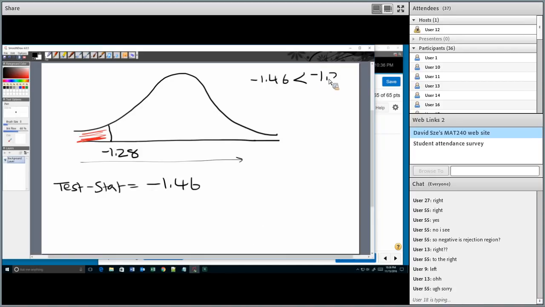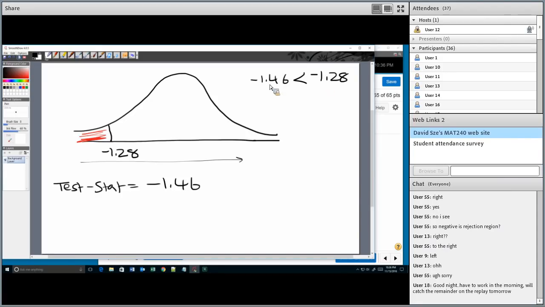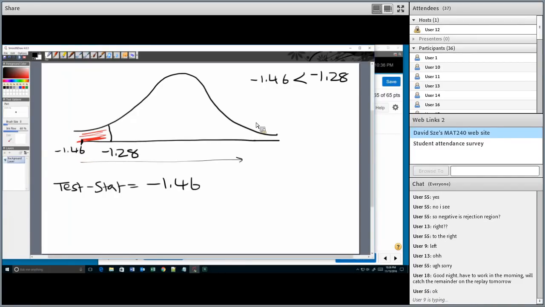Minus 1.46 is less than minus 1.28. We're talking about negative signs, right? So it would be somewhere here. That might be the confusion. Maybe you thought it should be greater than, but it's actually less than, right?